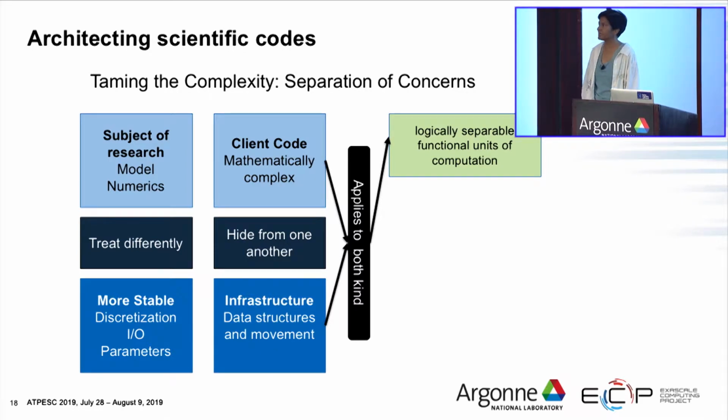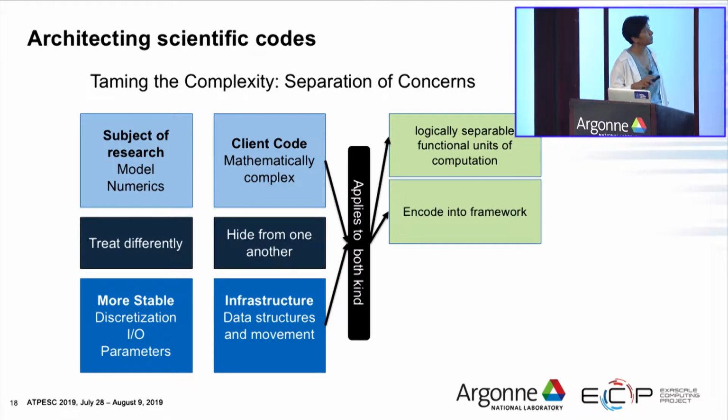But the things that remain common to both kinds of code development are that they should be encoded in logically separable functional units, which you can think of as a code. And there are many examples that exist. For example, many of the frameworks that were developed during the 90s, for example Samurai, I'm blanking, Cactus, etc., all operate on these principles: there is a whole bunch of components, and these components encode a logical functionality and are encapsulated in some way.